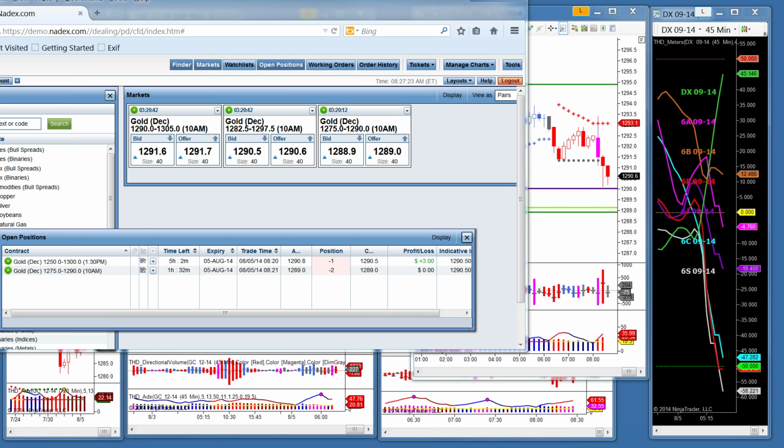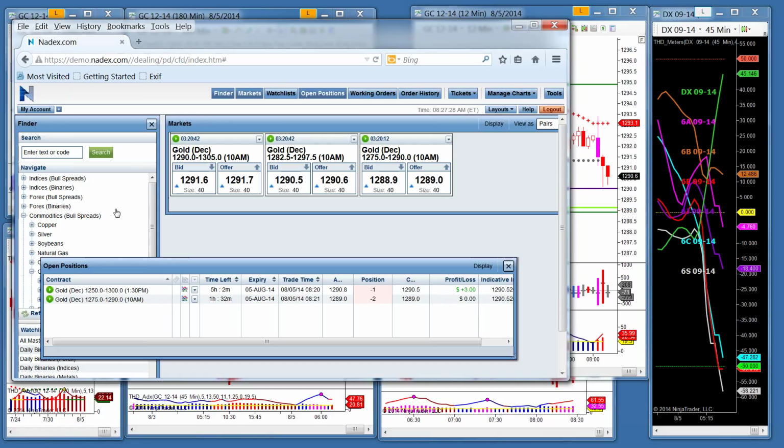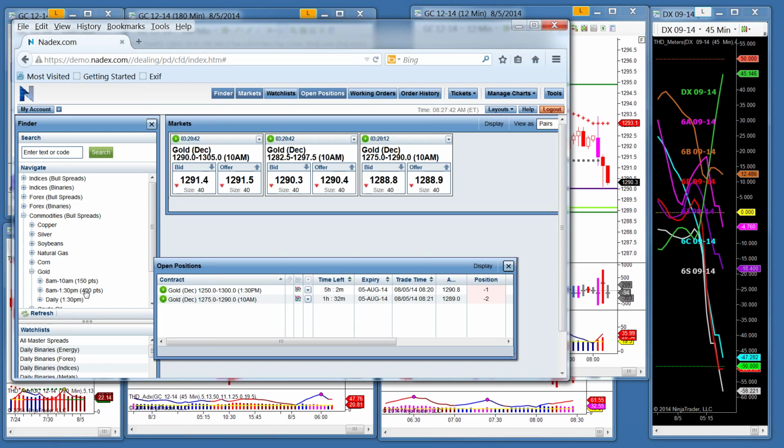And really, it just depends on how much you want to risk more than anything. Sometimes I'll do all the bull spreads that I can enter. And what I mean by that, when I know it's going in a certain direction, okay, there's 3 here that you can actually enter. There's an 8 a.m. to 1:30, and then a daily, which is at 1:32.